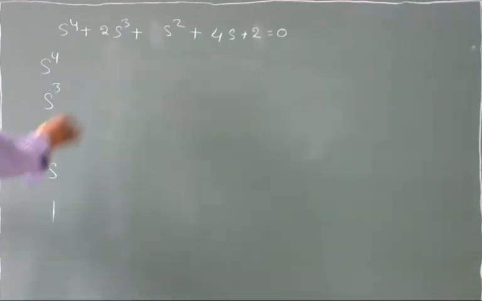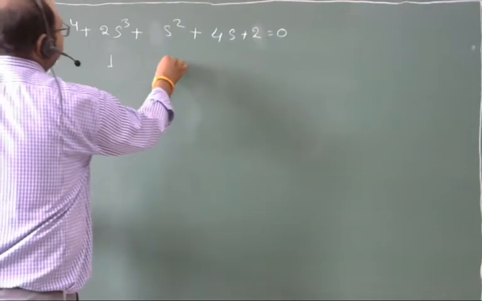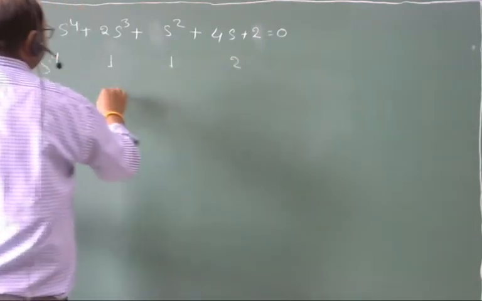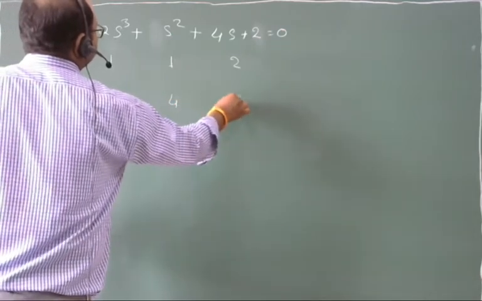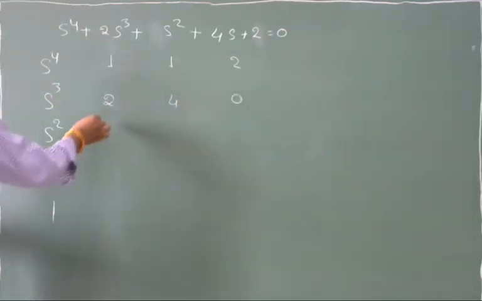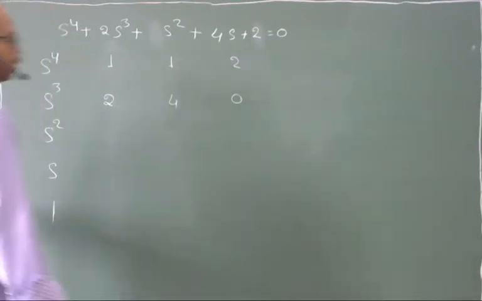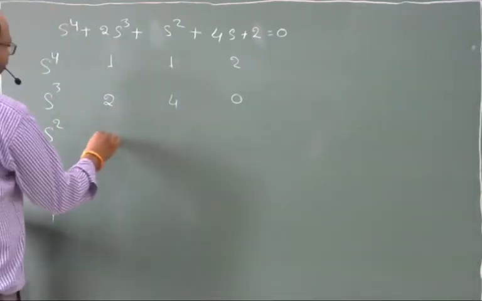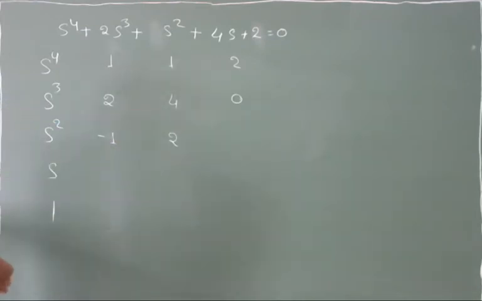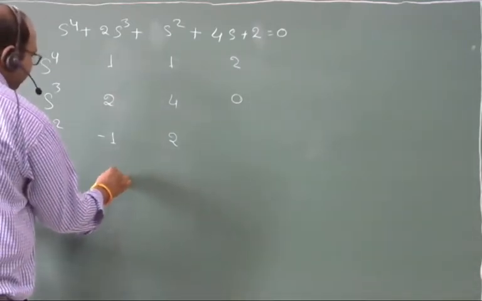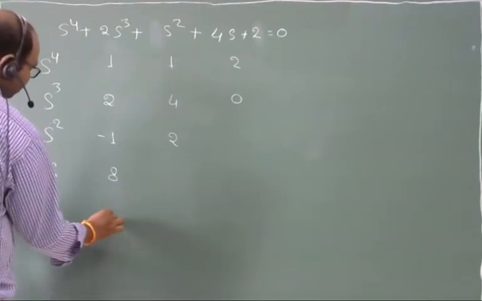Here the coefficient is 1, again 1, then 2, here 2, 4, 0. Now the value will be 2 minus 4 minus 2 divided by 2, minus 1, here 2, here minus 4, minus 4 minus 4 minus 4 minus 8 divided by minus 1, 8, right? And here 2.